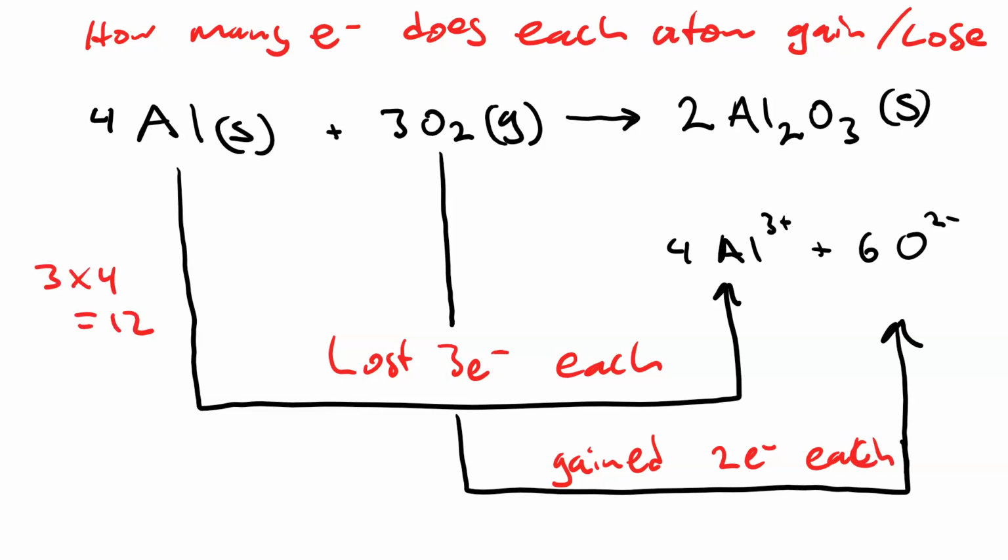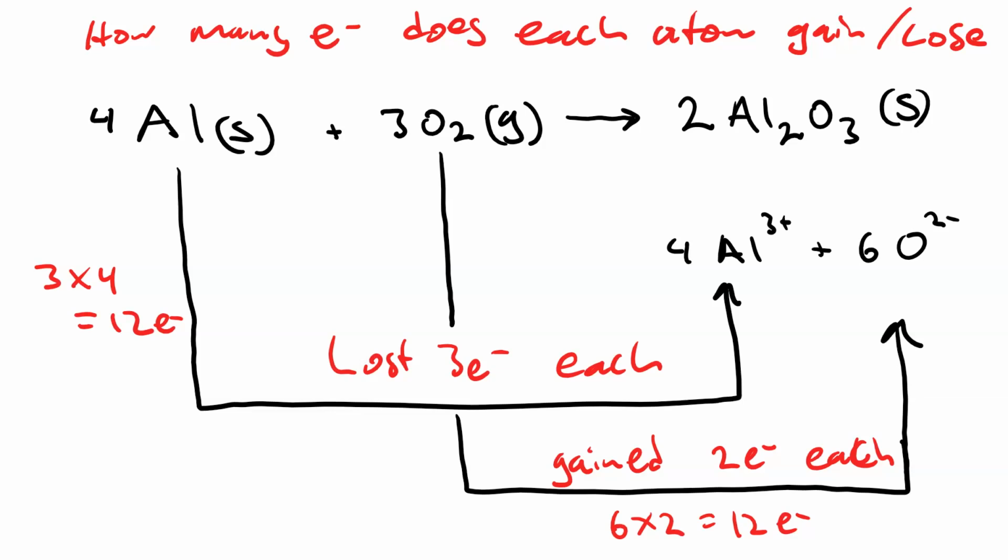So 4 aluminum atoms losing 3 electrons each is 12 electrons lost by aluminum. 6 oxygen atoms gaining 2 electrons each is 12 electrons gained by oxygen.